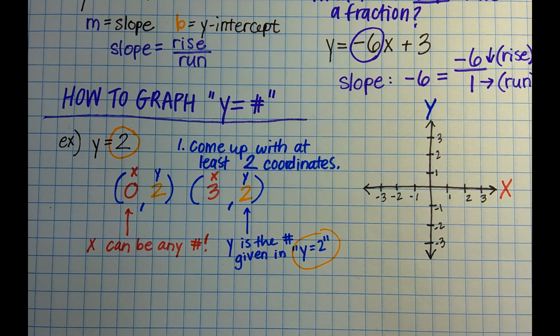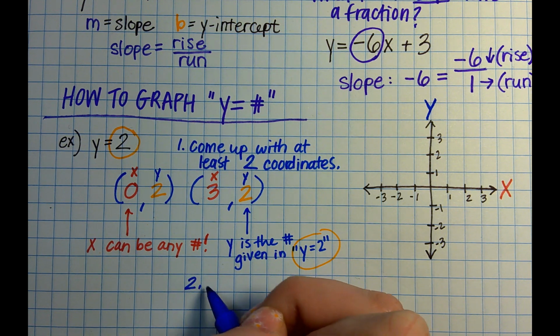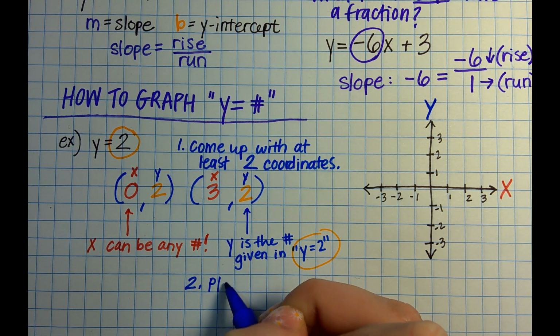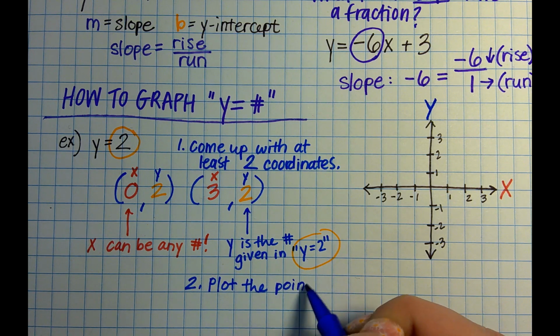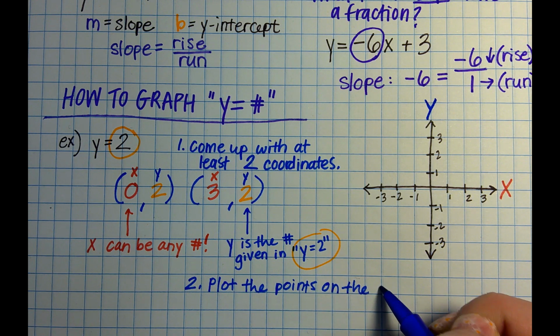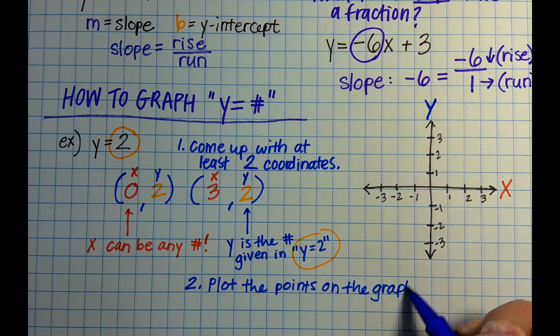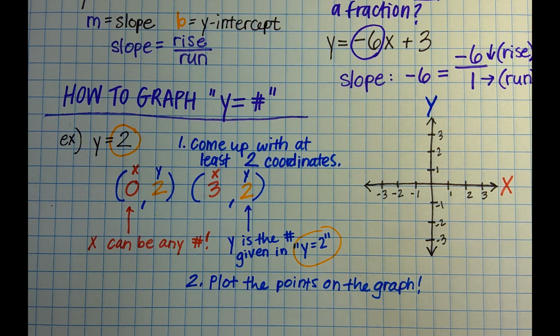So step 2 is to plot the points on the graph. Or the coordinates. Those words are interchangeable.